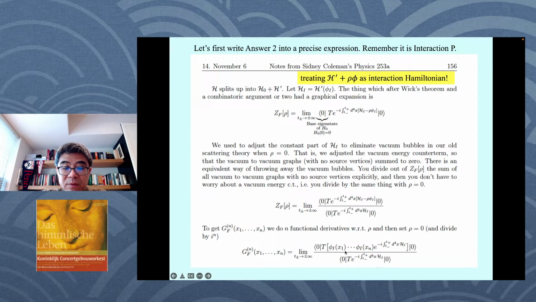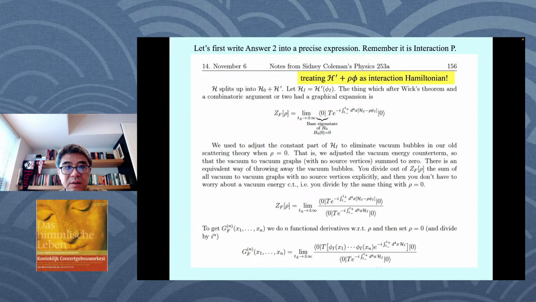I hope you are convinced from this generating function. Now we can get this, and therefore the Green function of Feynman diagrams without vacuum bubbles is defined in this way. So that's the first step.